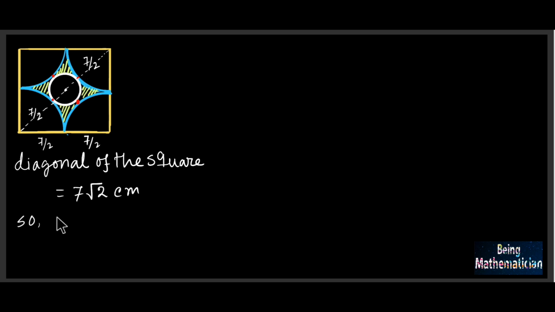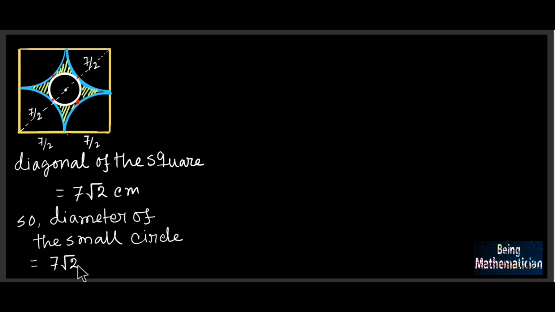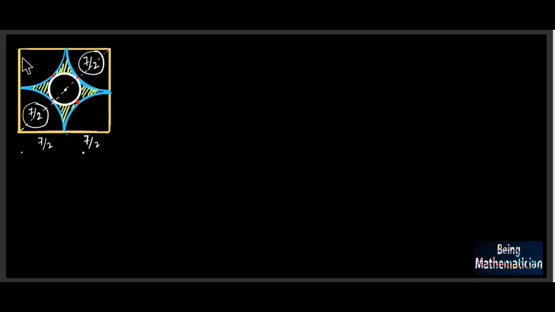So diameter of the small circle is equal to 7 root 2, which is the length of the diagonal, minus this 7 by 2 and this 7 by 2. So 7 by 2 into 2. Now it must be 7 into root 2 minus 1 centimeter. Now let's find the area of these 4 quadrants.